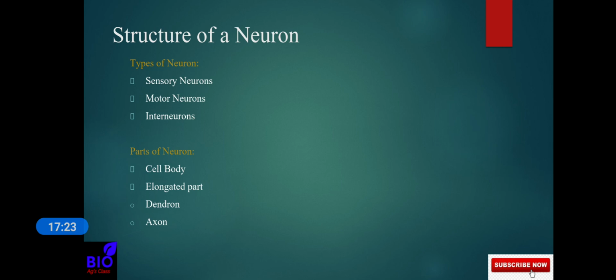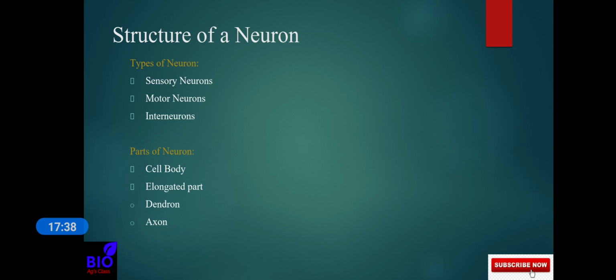But last but not least, the synapse. What is a synapse? In a very short way, it is the chemical junction between the terminal of one neuron and the dendrites of another neuron.